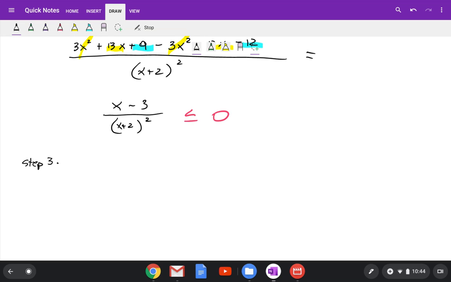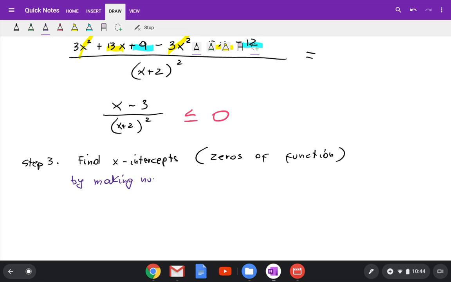Step 3, find x-intercepts. X-intercepts, we call them zeros of the function. And you're going to find x-intercepts by making the numerator equal to 0.